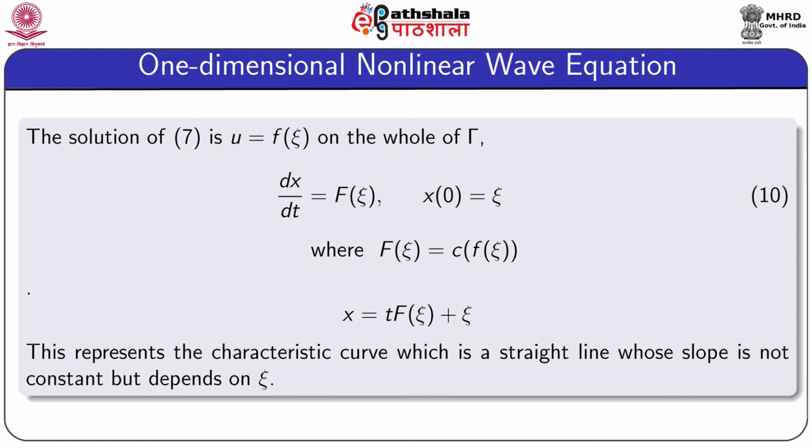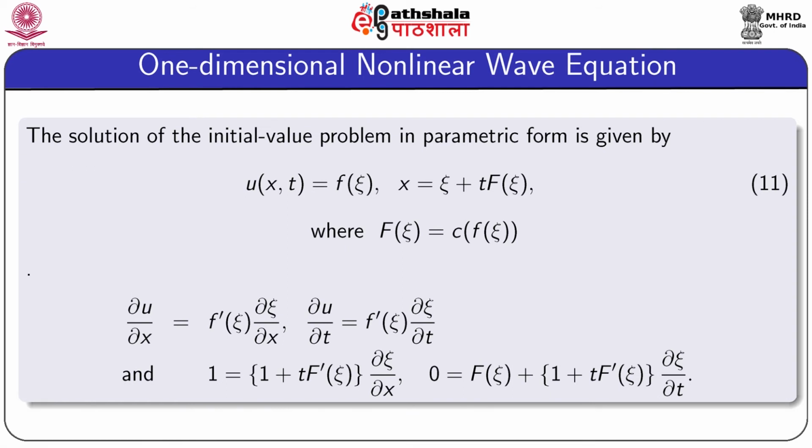Now, this represents the characteristic curve which is a straight line whose slope is not constant but depends on xi, and this is the characteristic of a nonlinear differential equation. In case of a linear differential equation, it would have been constant.